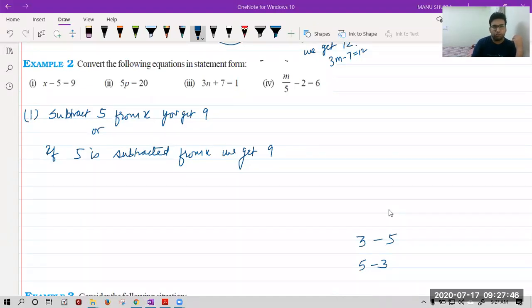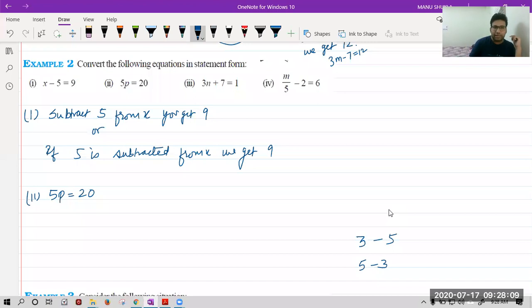It is saying 5p is equal to 20. Very easy. 5 multiplied by P, we get 20. Good, Sarvagya. P multiplied by 5, 20. Nana correct. Sarvagya correct. Hera correct. You can write any statement. The language should be correct only. 5 times P is 20. Manya correct. Kavish correct. Tushita correct.